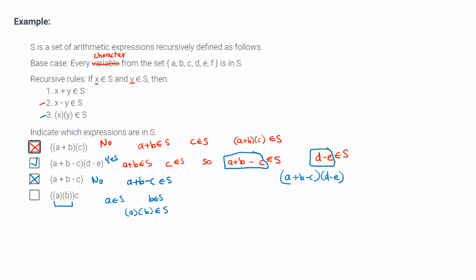How are we going to get one set of parentheses around that? We can't. There's no rule that will just put one set of parentheses in there. So no way to get that extra set of parentheses. So no.